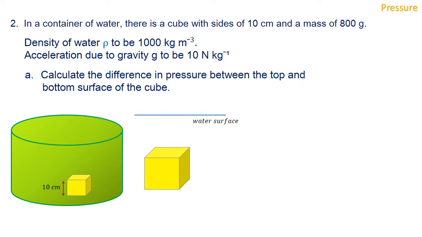Cube with 10 cm sides. W is the weight of the cube. HA is the depth of the top surface of the cube from the water surface.